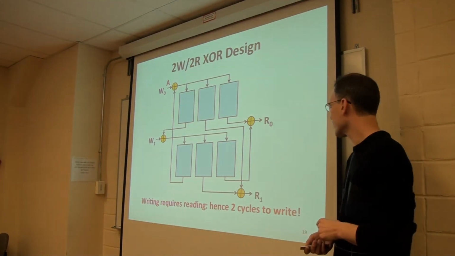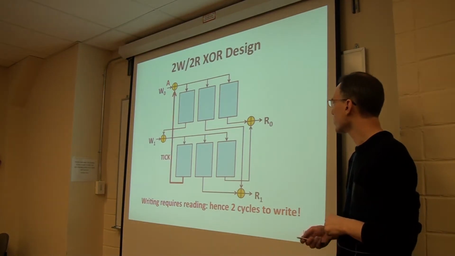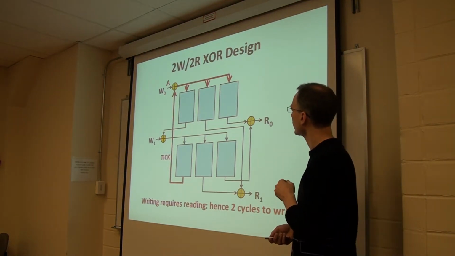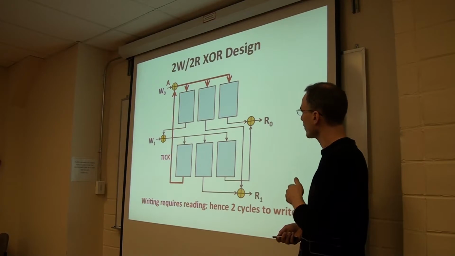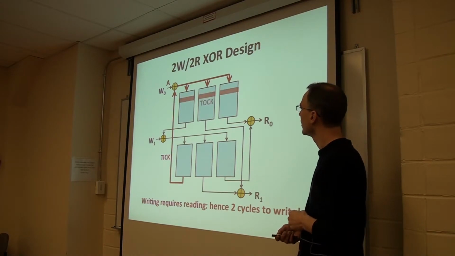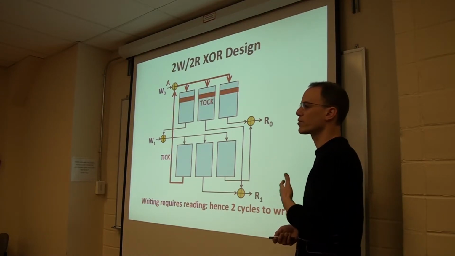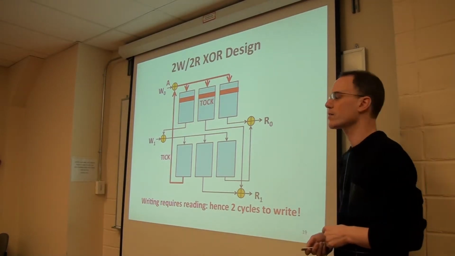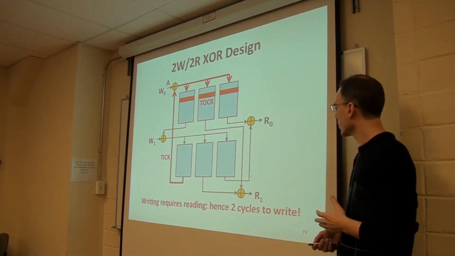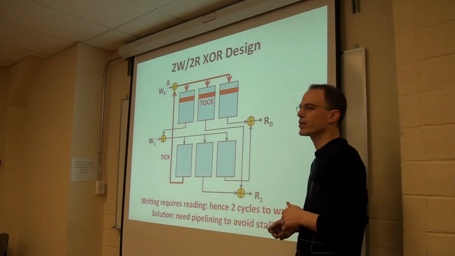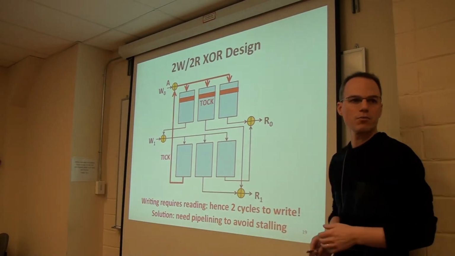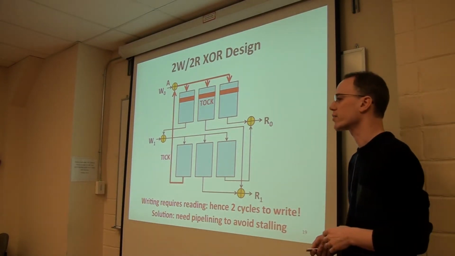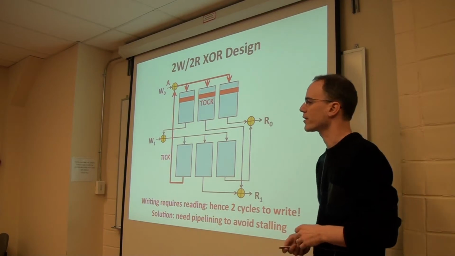To illustrate, to do a write, I first have to read. That takes 1 clock cycle. And then I can finally store the value in a second cycle. In order to get around this, we did the proper pipelining to allow writing every cycle. But I'm not going to show you the details of that because it would take too long.